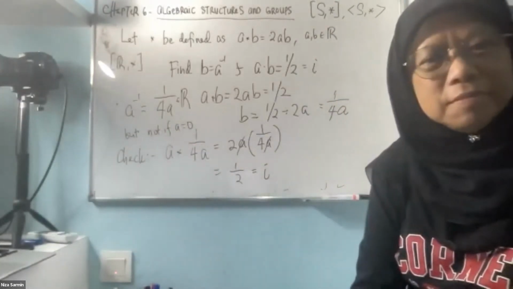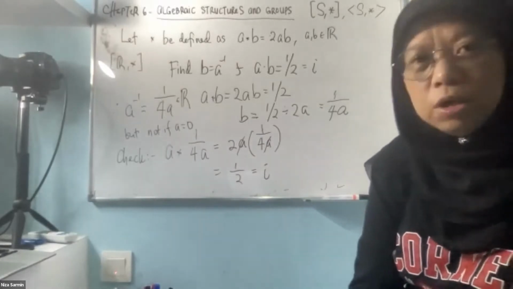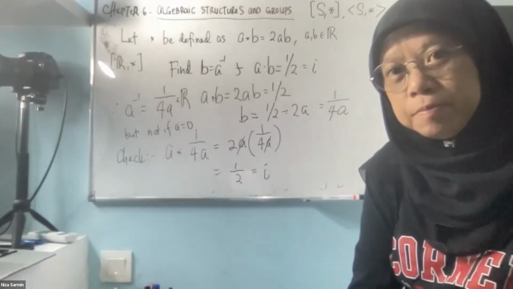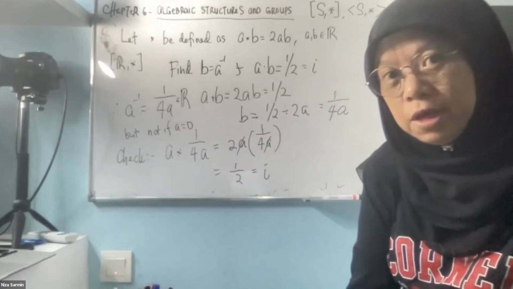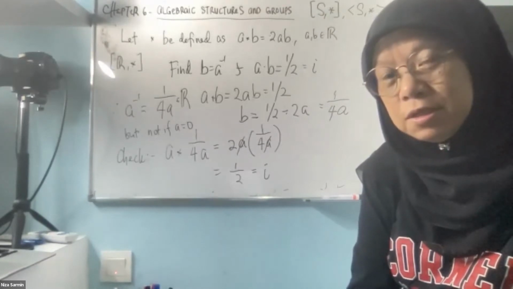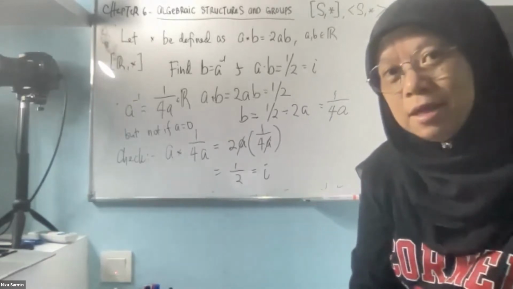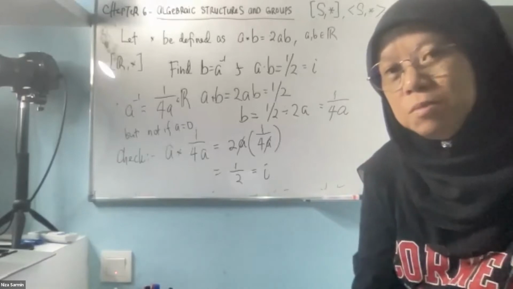Yes, except 0, because 0 is also a real number. That's the problem. If there is multiplication involved and the inverse somehow was 1 over something, then the number in the denominator cannot be 0.